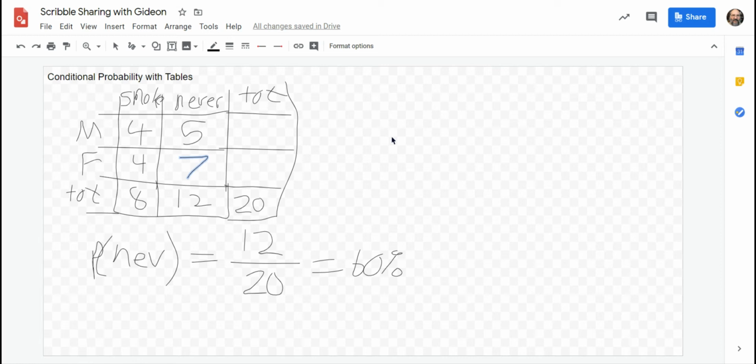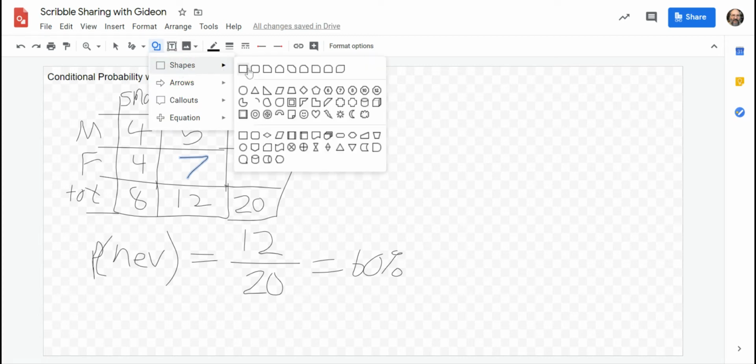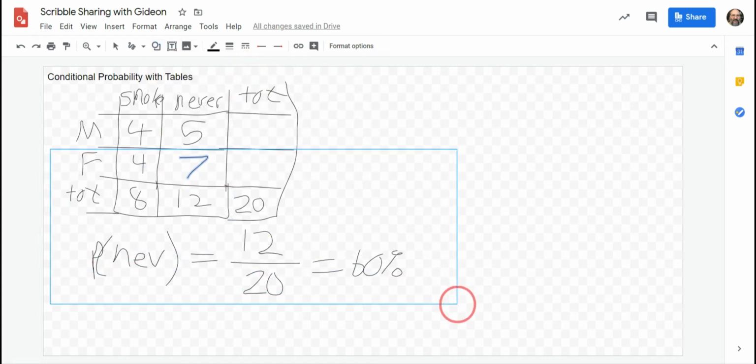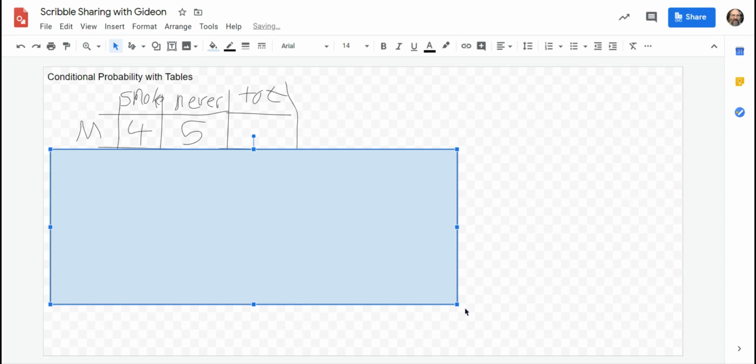Well, honestly, you think about it. Do you need to see any of the material down below to answer the question, what percentage of males were never smokers? What percentage of males? Oh, conditional probability. I'm given the condition that the person is male. There are only 9 males.